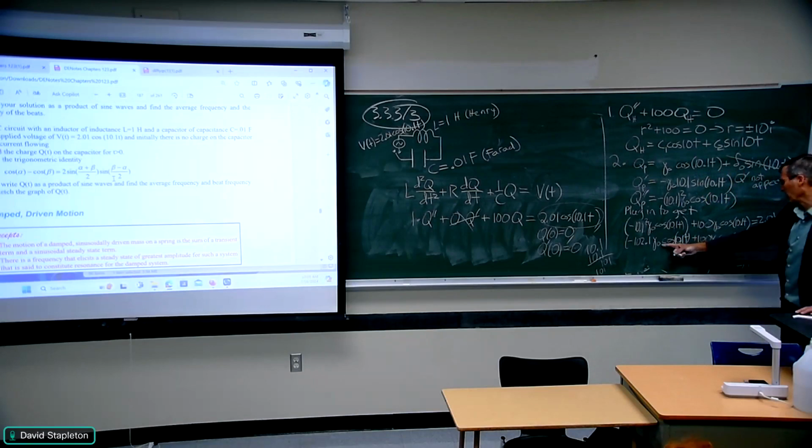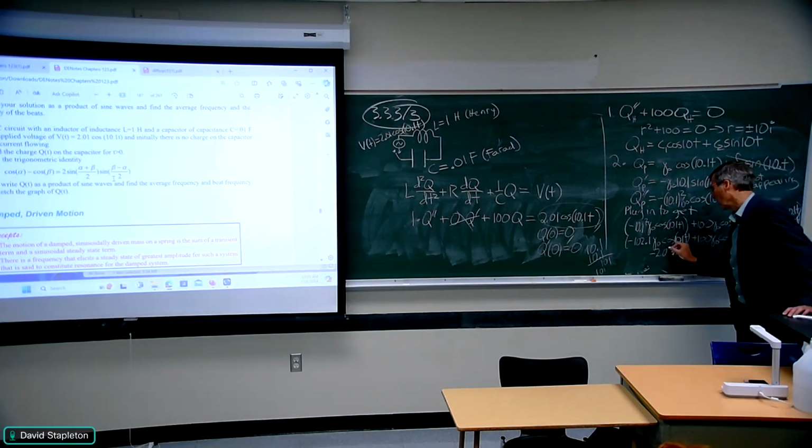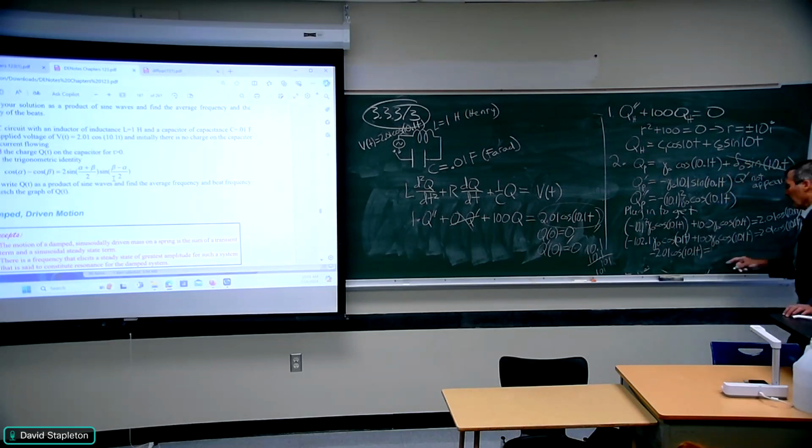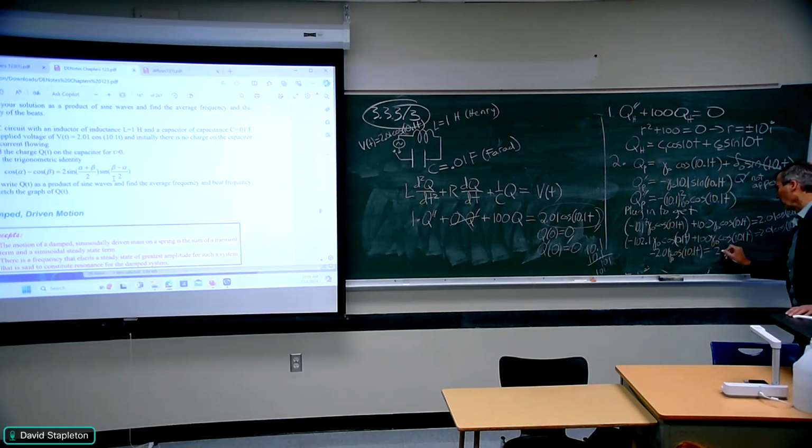Well, this is minus 102.01 plus 100, which is minus 2.01, times gamma zero cosine 10.1 t, equals on the right 2.01 cosine 10.1 t. Evidently, gamma zero is minus 1.